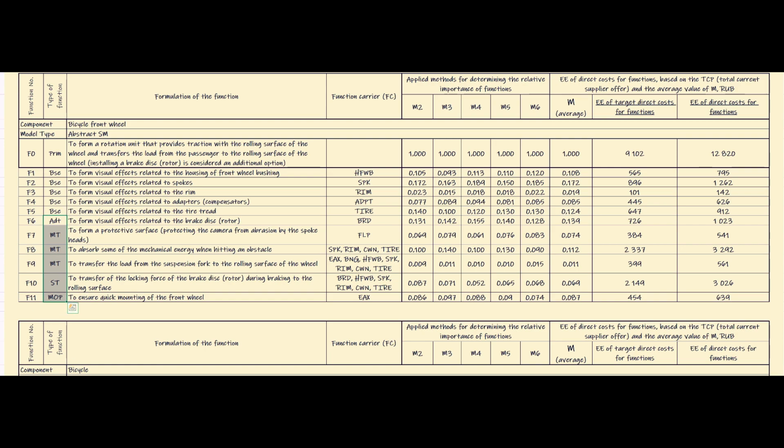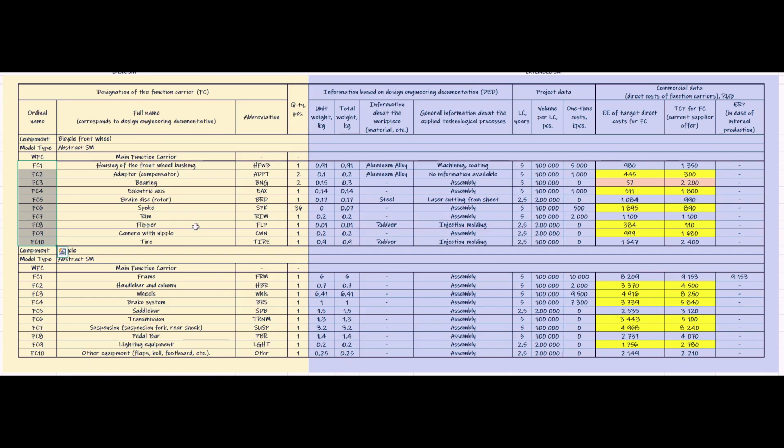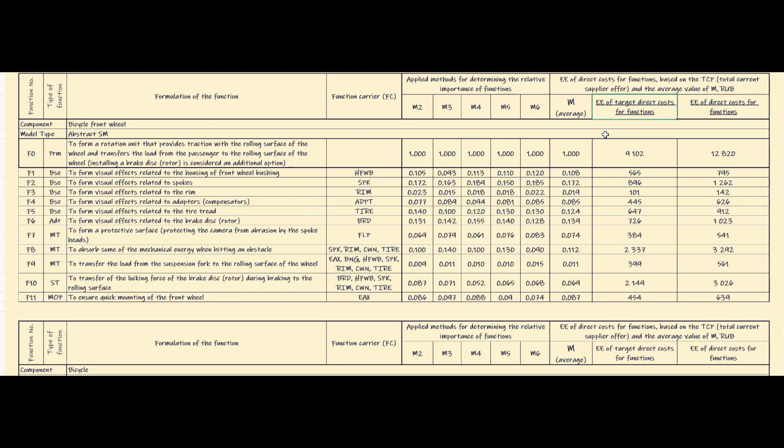Thus, after performing three similar calculation steps, it's necessary to determine the costs for each carrier of functions in the column expert value of target direct cost for functional carriers of the abstract structural model by adding the costs of functions from the column expert value of target direct cost for functions of the abstract functional model corresponding to the function carriers.